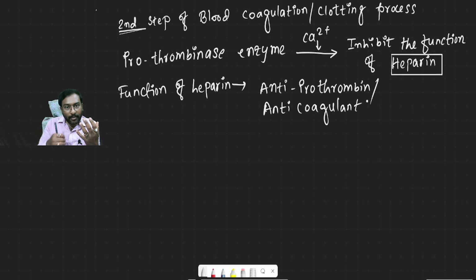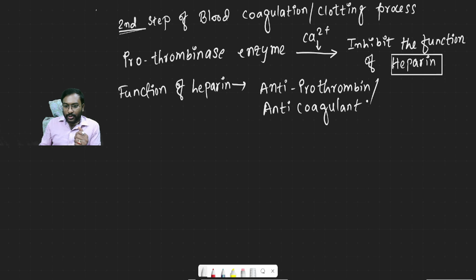During blood clotting, if heparin is present, then obviously the process is never completed. That's why the prothrombinase enzyme, the end product of the first step, in the presence of Ca2+ ion, inhibits the functionality of the heparin substance.